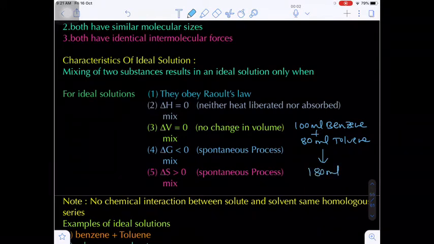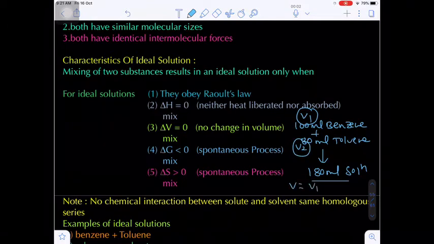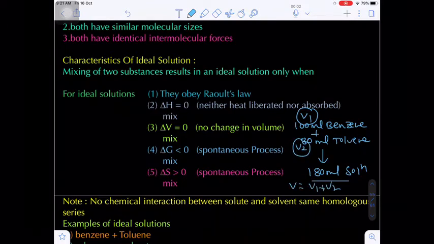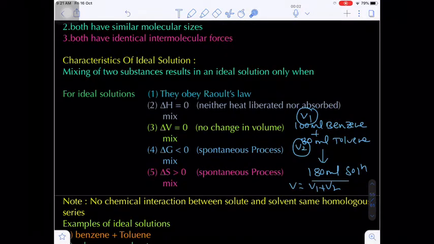That will be 180 ml. That means the volume of one liquid V1 and the volume of another liquid V2, and the volume of the final solution will be equal to V1 plus V2. That means there is no change in the volume after intermixing. Such a solution is referred to as an ideal binary solution. Are you getting my point?